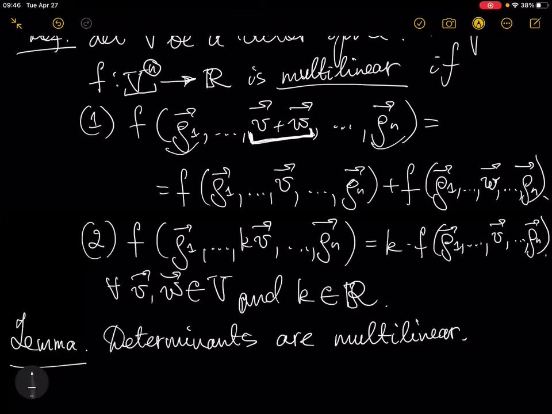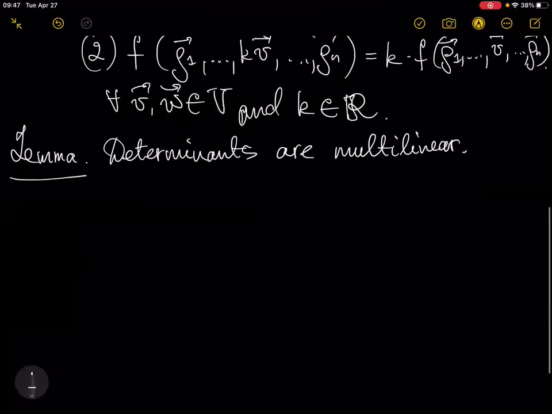But if we consider a special case of row space, for example, of dimension n, of n by n matrices, in general, then yes, this definition will also be applicable. And exactly what we are saying is determinants are multilinear.